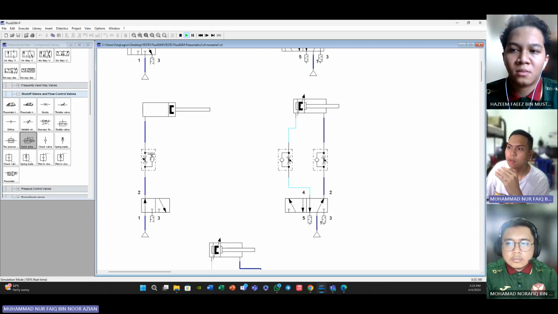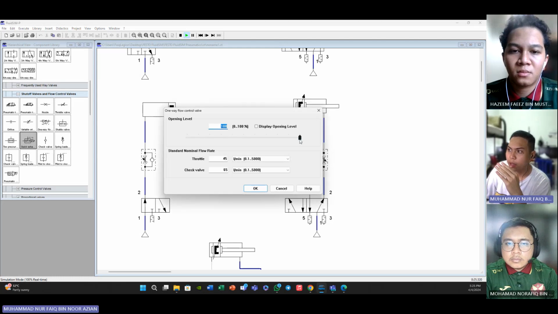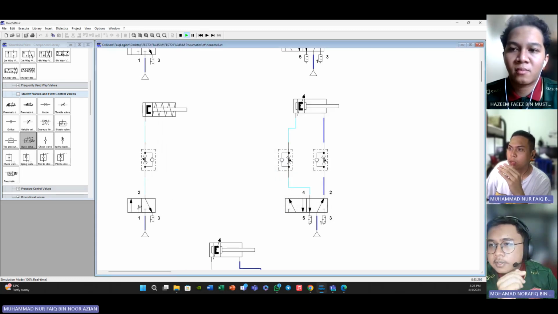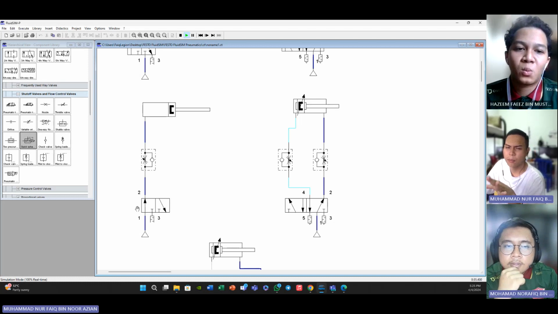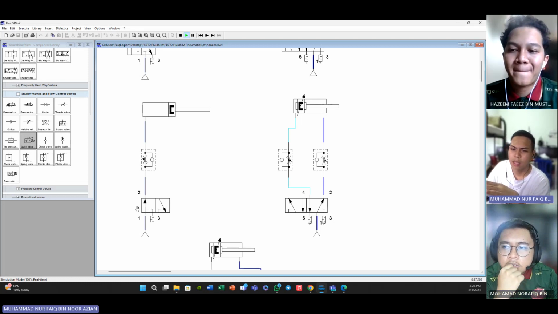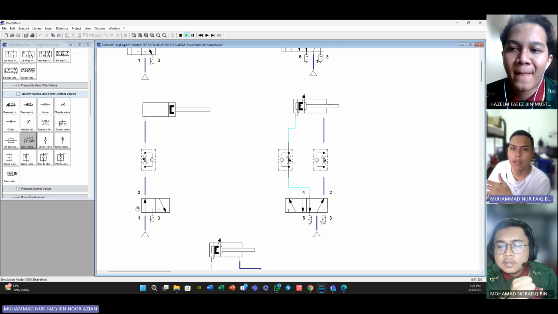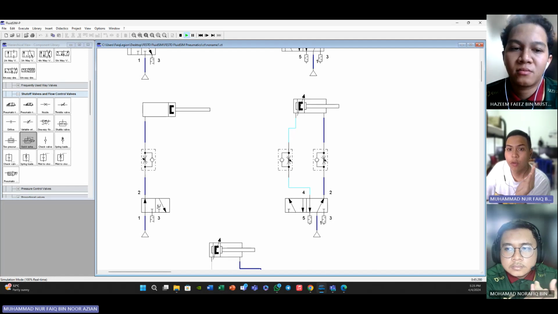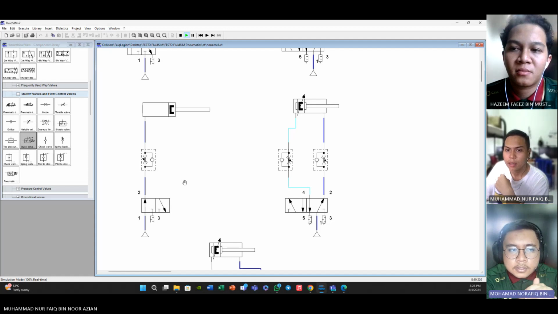We don't want that. So we adjust the opening level. Let's say I want to make it 10, make it slower. We cannot see it easily on the software, but that is the theory.